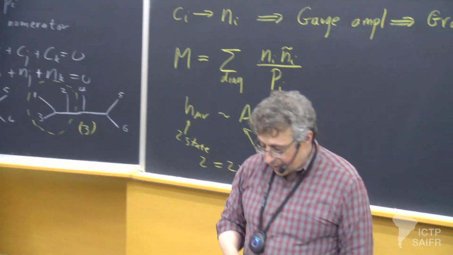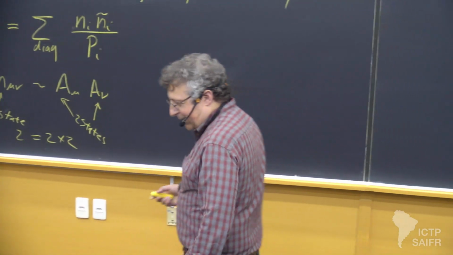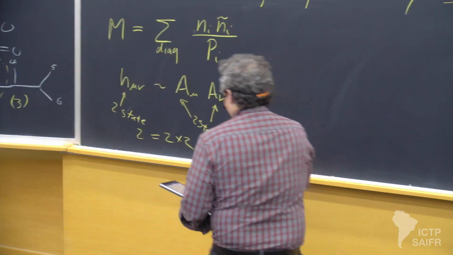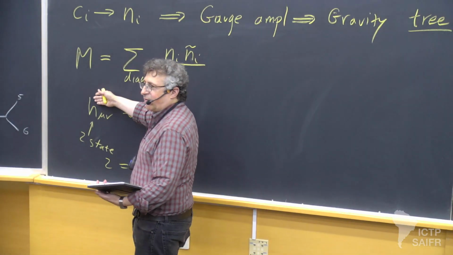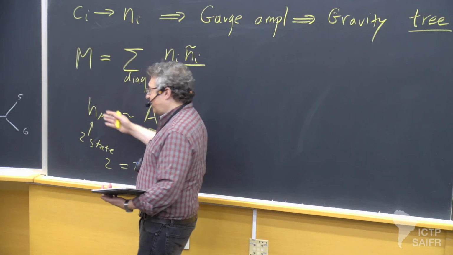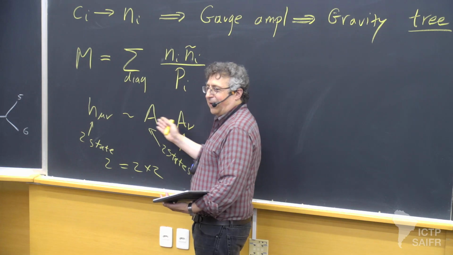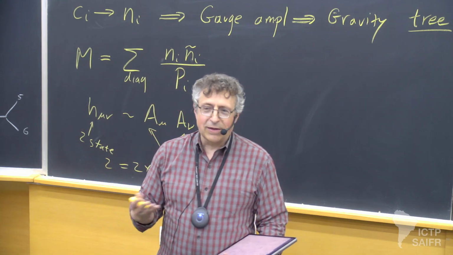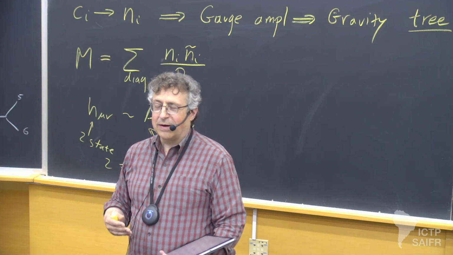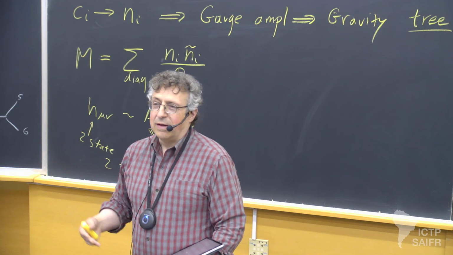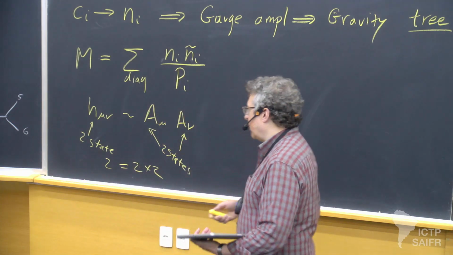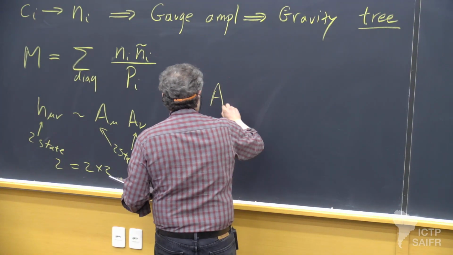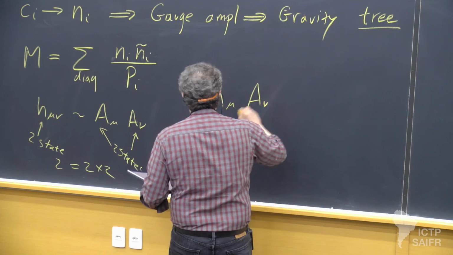Now, the source of these extra states is not too surprising, because the graviton is a symmetric traceless tensor. This thing, I haven't imposed any symmetry on it yet. So I would have an anti-symmetric tensor, no surprise there, and I'd have a trace, and that would be the dilaton. So, in fact, the decomposition, let's do this in d dimensions.